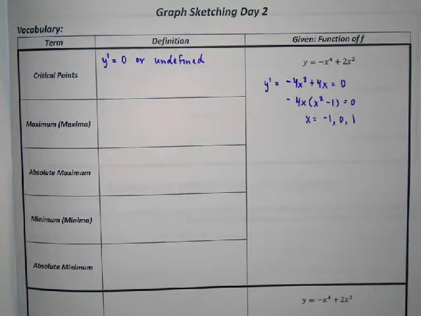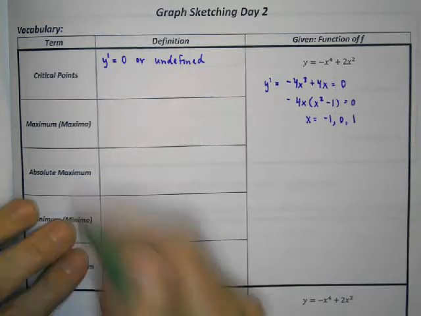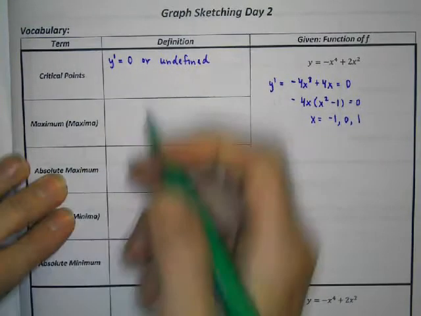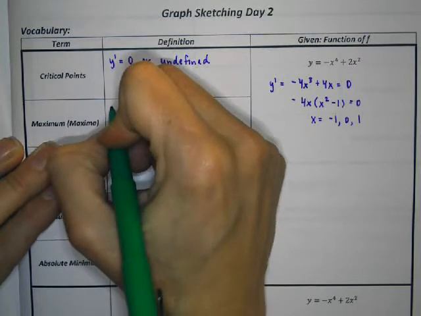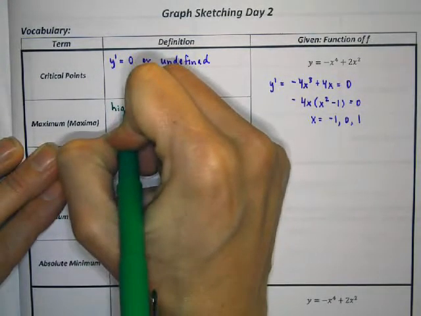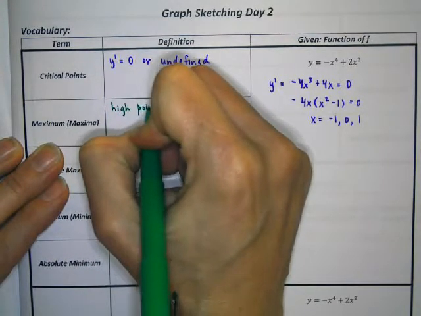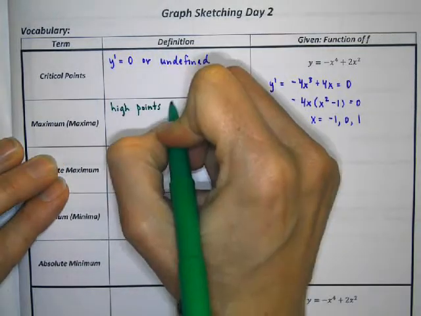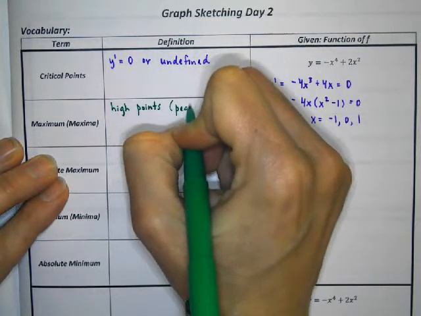So now we want to look for our maximum and minimum values. So just to review, our maximum values, those are going to be the high points on our graph, or we called them our peaks before.